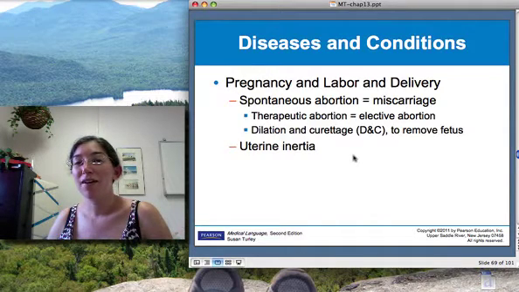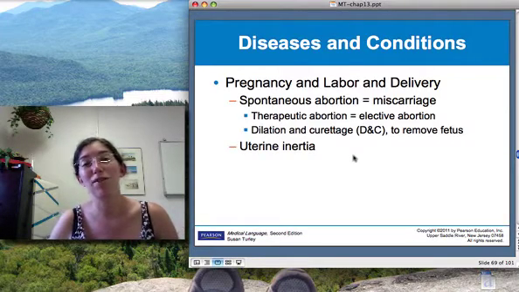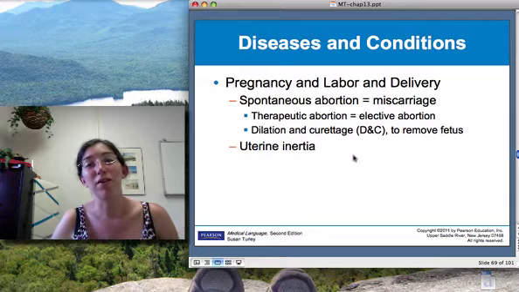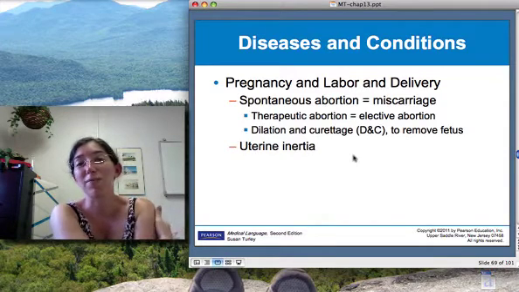Different types of miscarriage, I guess. The term abortion, we usually think of as an elective procedure, but it is a medical term for the loss of a pregnancy. So spontaneous abortion is the medical term for miscarriage, for when the baby or the fetus just dies unexpectedly, oftentimes with no explanation.